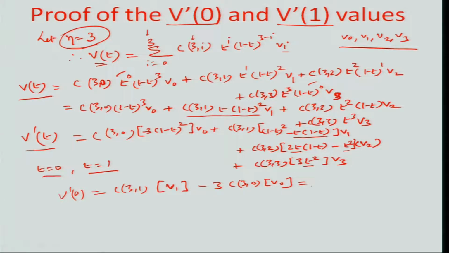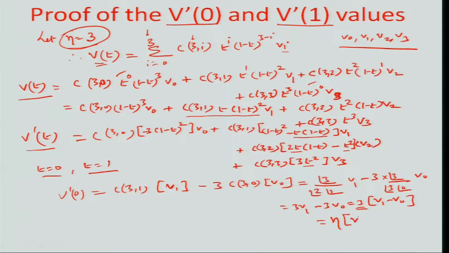Therefore, this can also be represented as 3 factorial by 2 factorial 1 factorial v1 minus thrice of 3 factorial by 3 factorial 0 factorial v0. In other words, it is 3 v1 minus 3 v0, or 3 times of (v1 minus v0), and we already know that this corresponds to the index n.